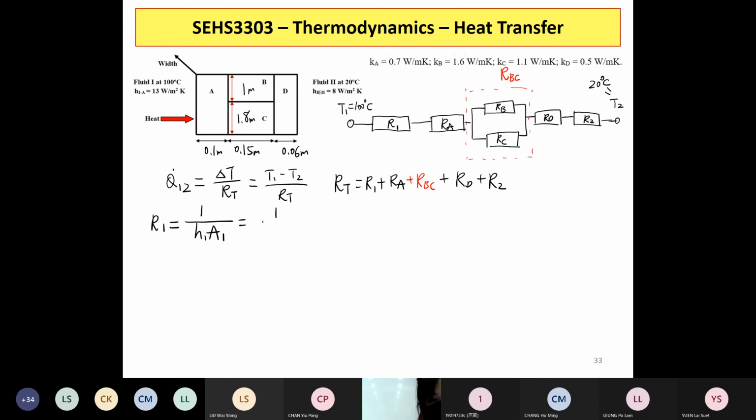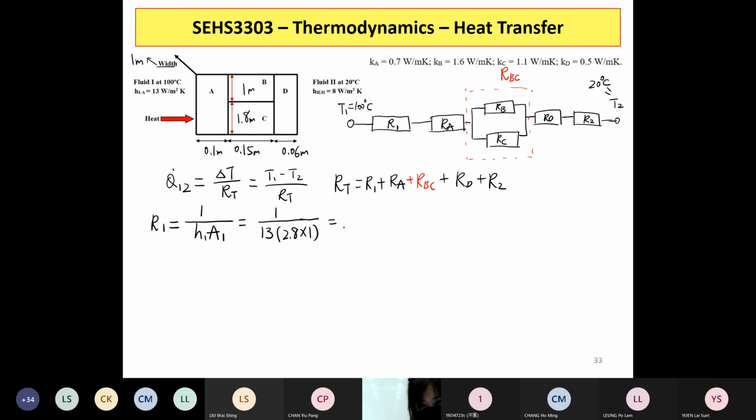So that is 1 over h1 times the area, which should be 2.8 times 1 meter in this direction. This is the area.